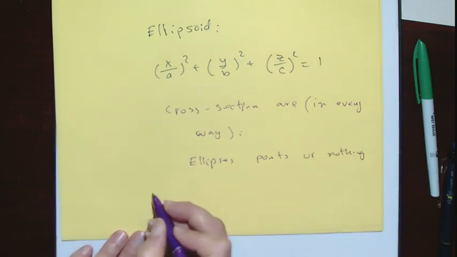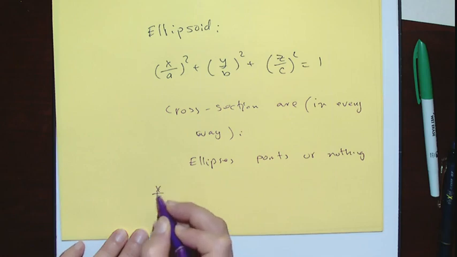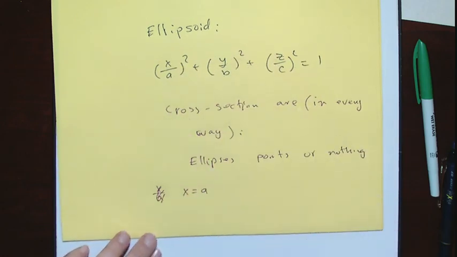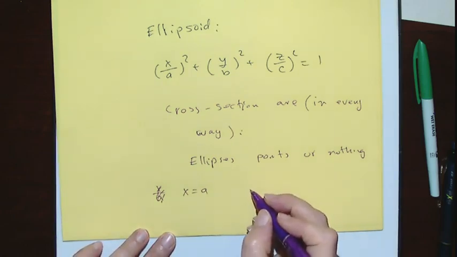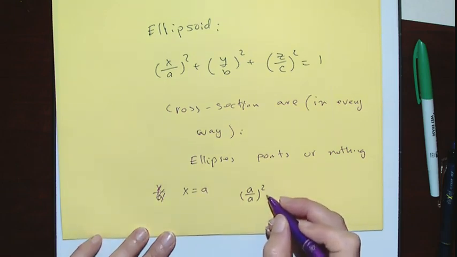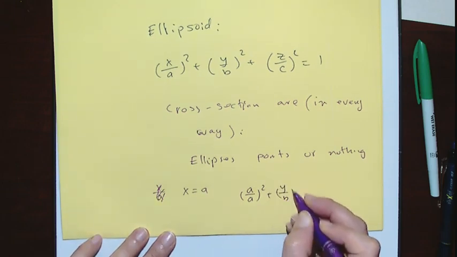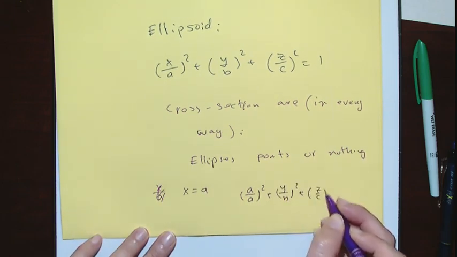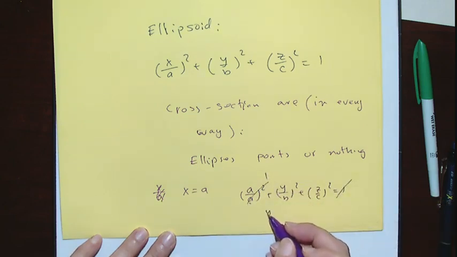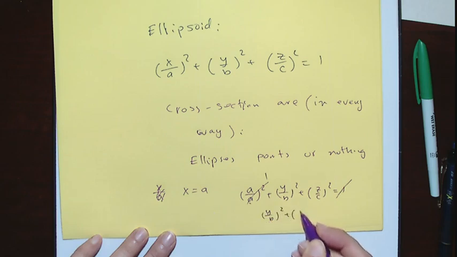For example, x equal to a in here is going to give me 1 point, right? Because if I plug in a over a for constant a, plus y over b to power 2 plus z over c to power 2 equal to 1, this is just 1, goes away. And so I get y over b to power 2 plus z over c to power 2 equal to 0.